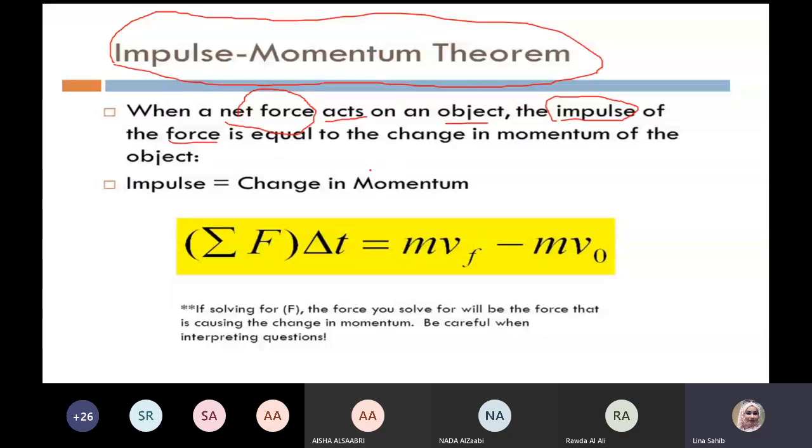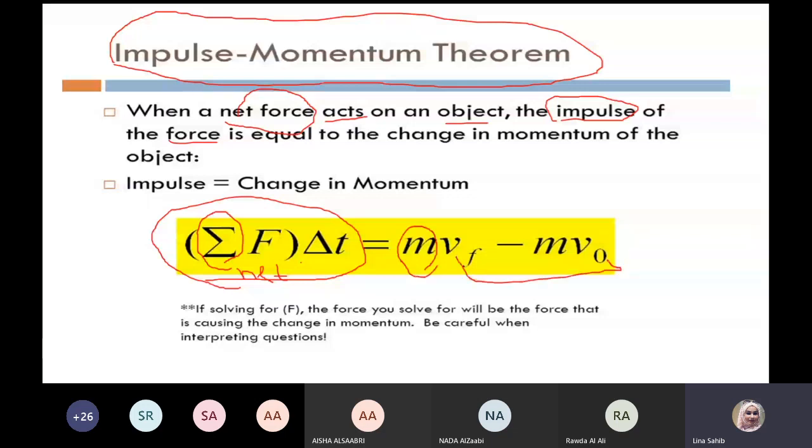So the impulse comes from the net or total force. The net force multiplied by the time equals the mass multiplied by the change of velocity. If you have one velocity, you will say mass multiplied by velocity. If you have two velocities, you have to repeat it: final minus initial.